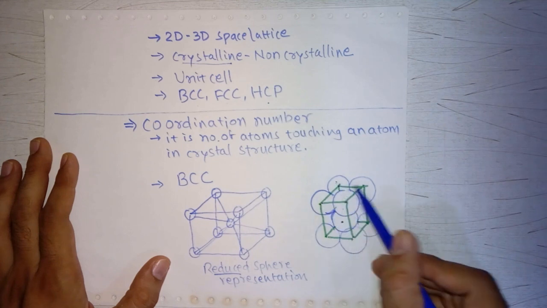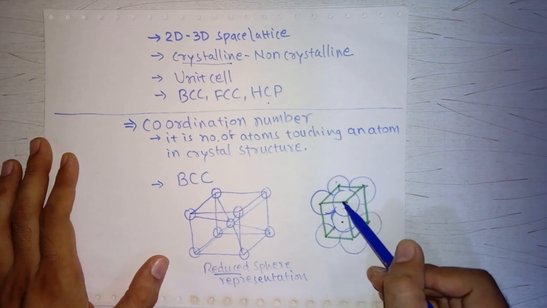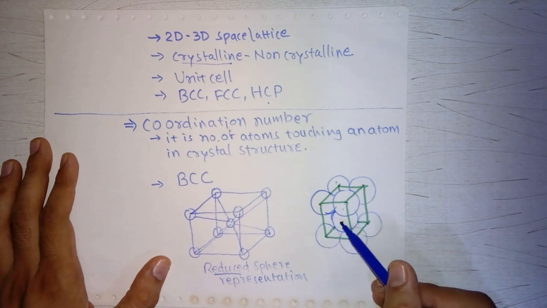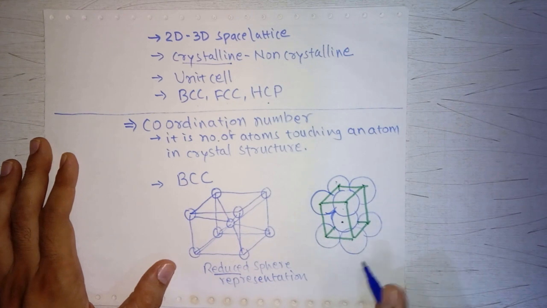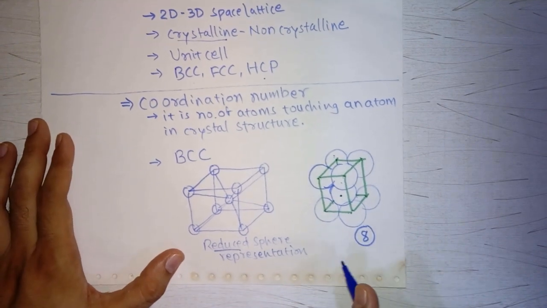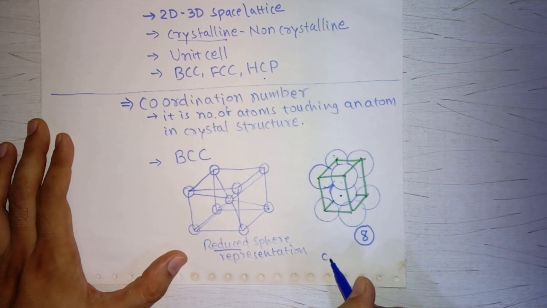So there will be 1, 2, 3, 4 on the top face. Also it will be touching 1, 2, 3 and 4 on the bottom face. So actually this atom will be touching 8 atoms, right? Therefore we can say that coordination number of BCC is equal to 8.